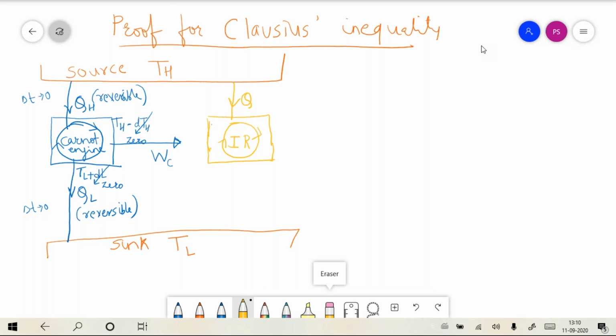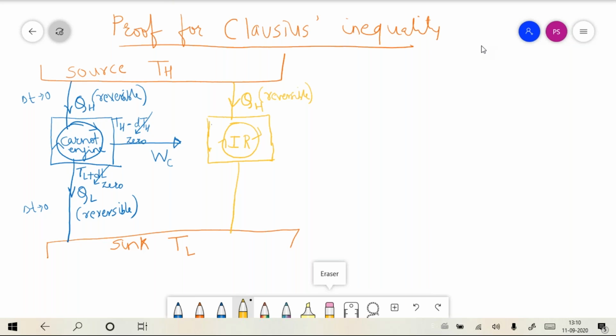This is just to ensure that the input is the same, for comparison's sake. And let us say that this heat transfer is also reversible.